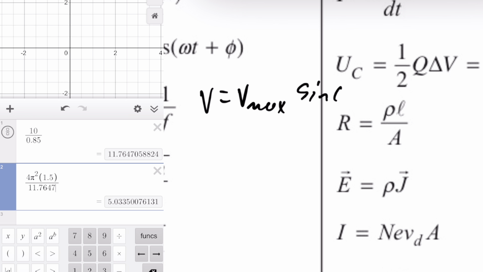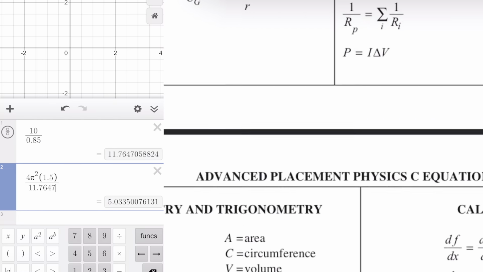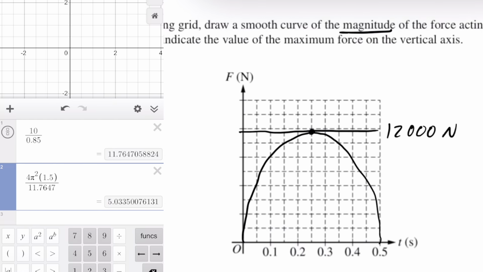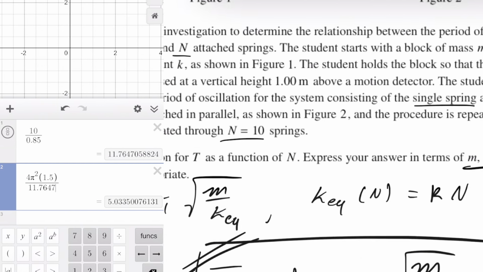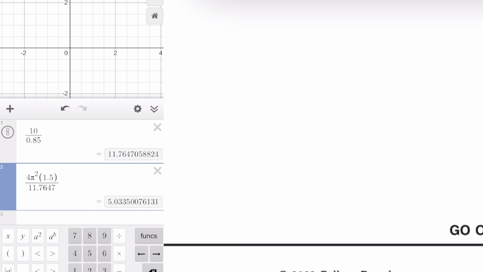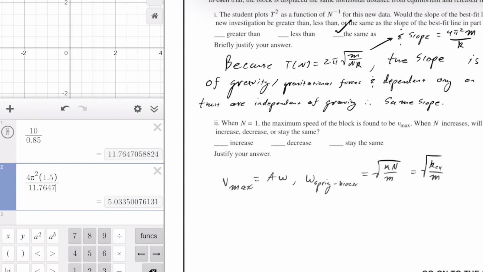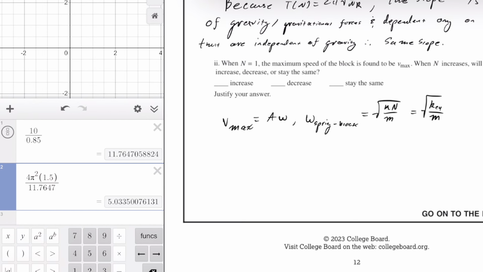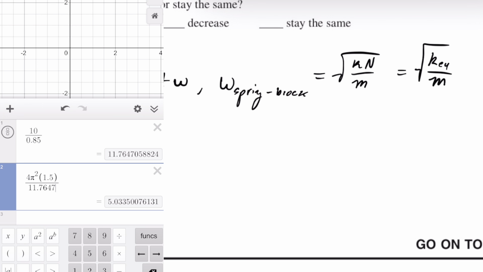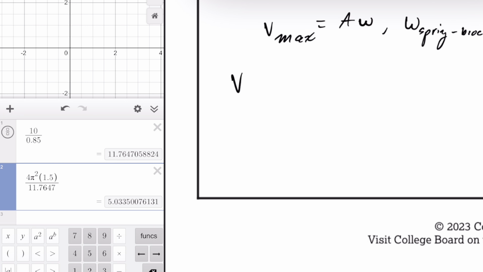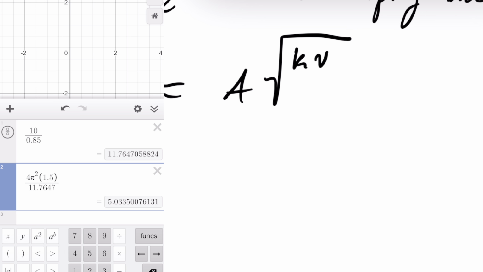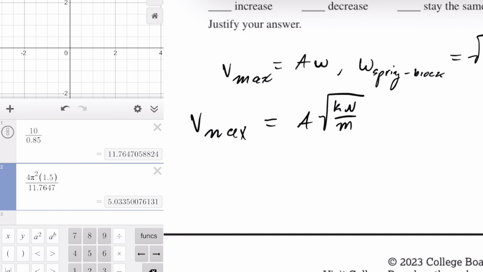Actually, I can't prove that. Just know that it's a characteristic of simple harmonic motion, right? So when v equals Vmax, that will equal A omega. Let's go back down. Therefore, Vmax equals A times the square root of kn over m.